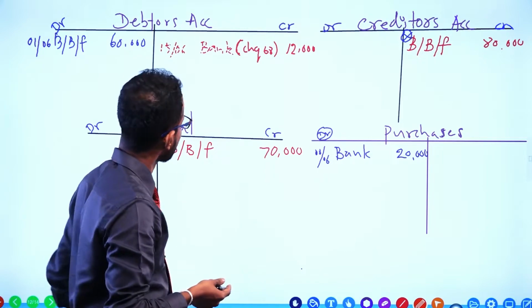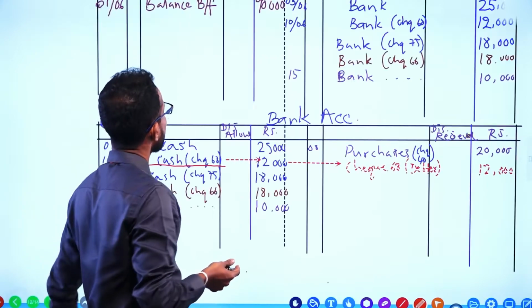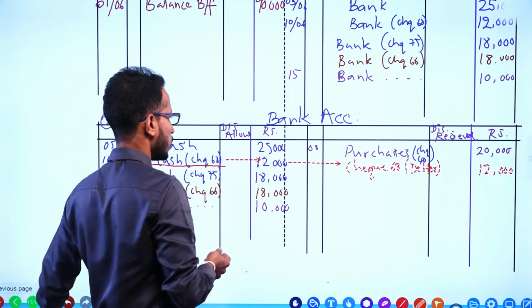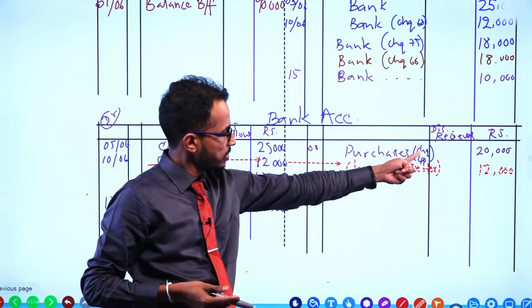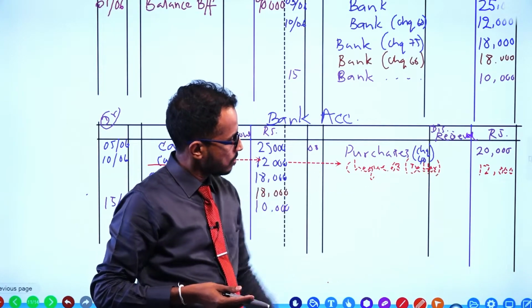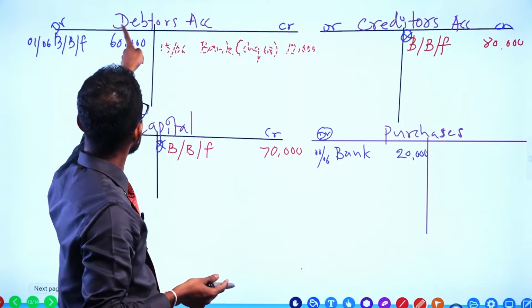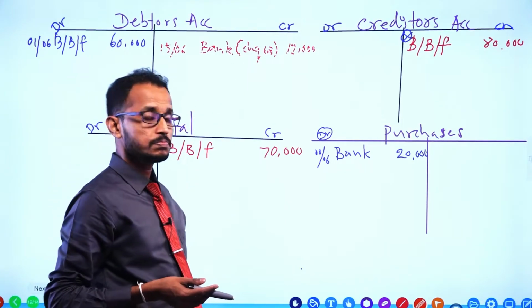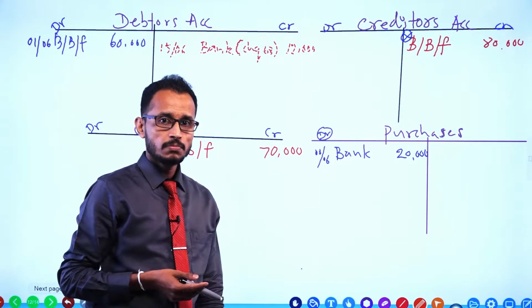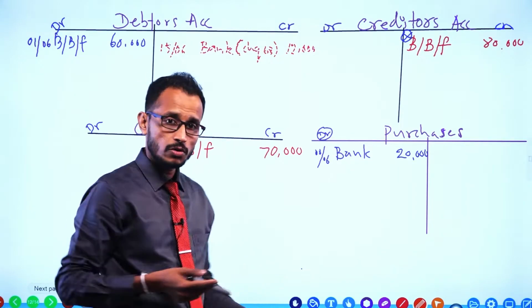All right. Double entry done. Bank book credit. Debtor's account credit. Shall we move on?